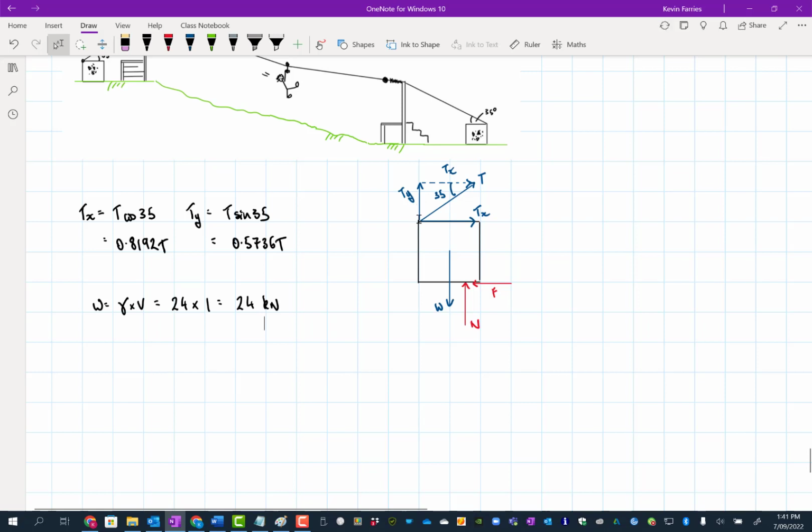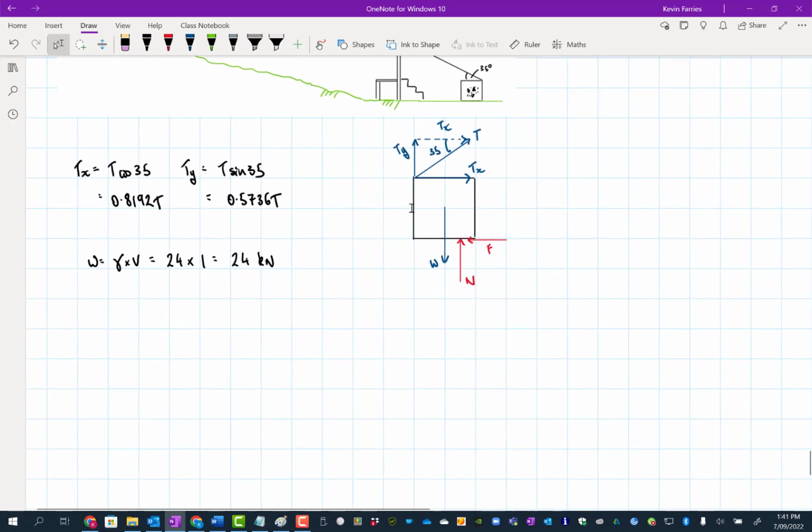So we've got the component Ty, which is lifting this block up somewhat and rotating it as well, but we'll get to the moment in the middle in a minute. So for N, to find N, we know that the sum of the Y components must be equal to 0 for static equilibrium. Therefore, Ty minus W plus N must equal 0.